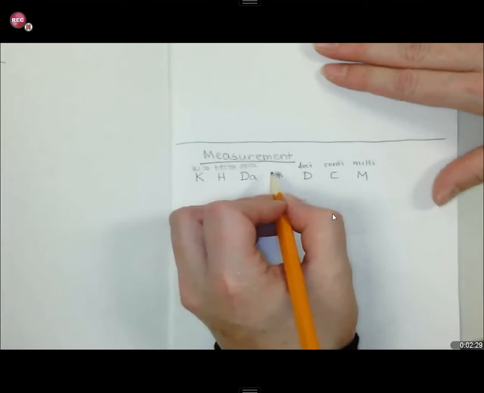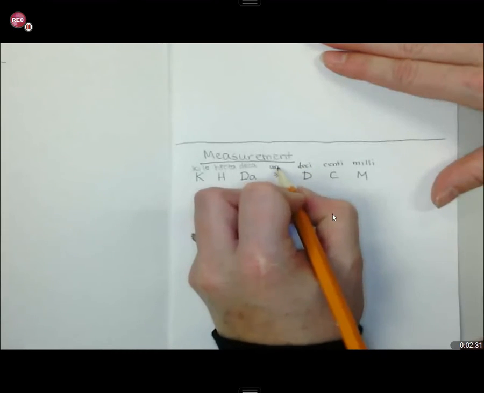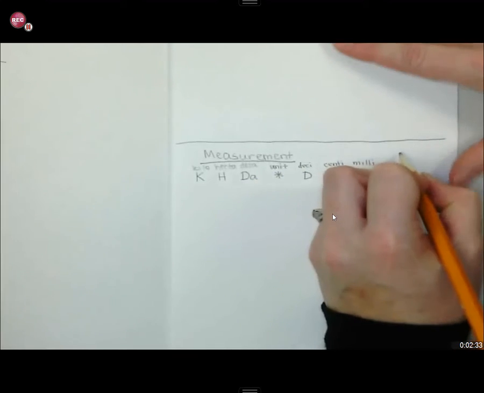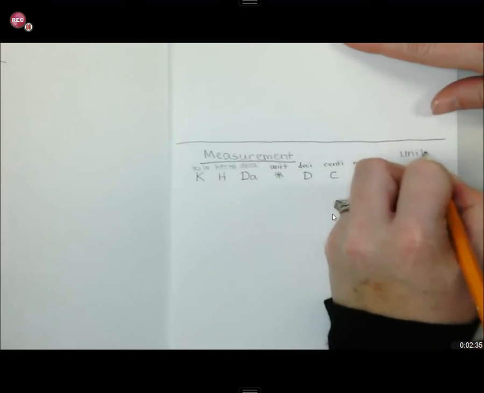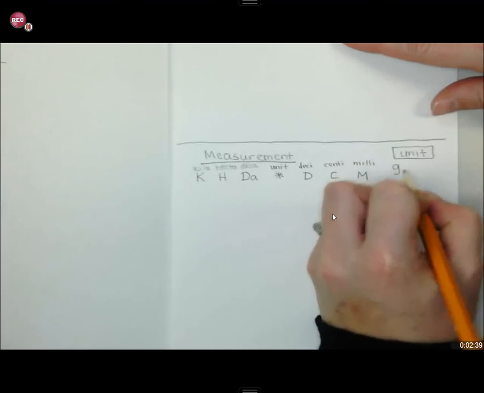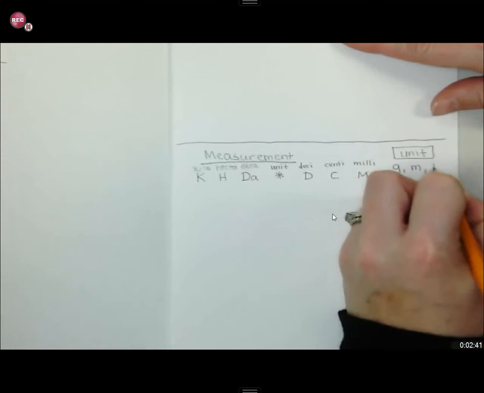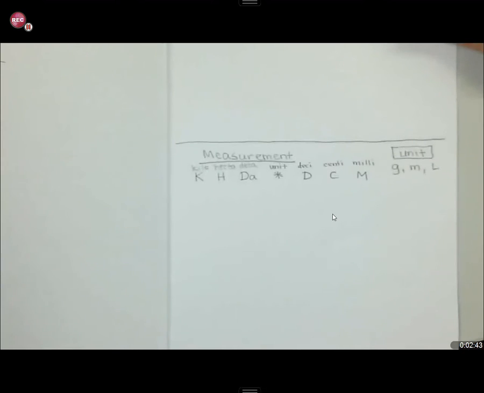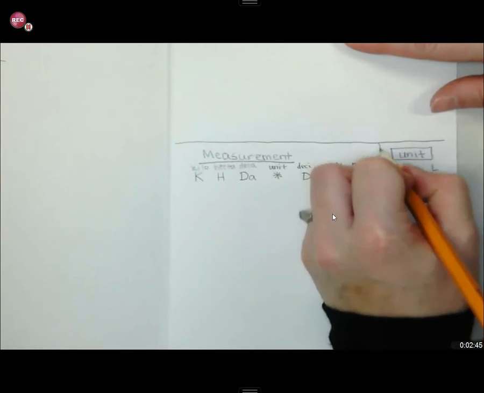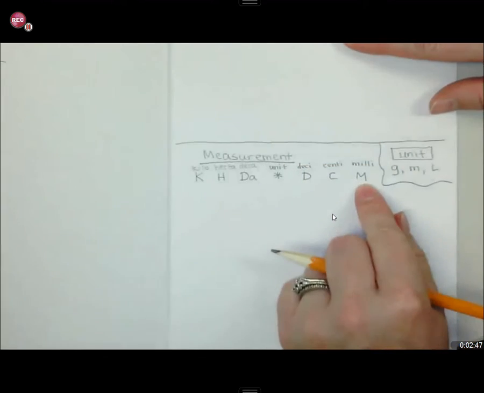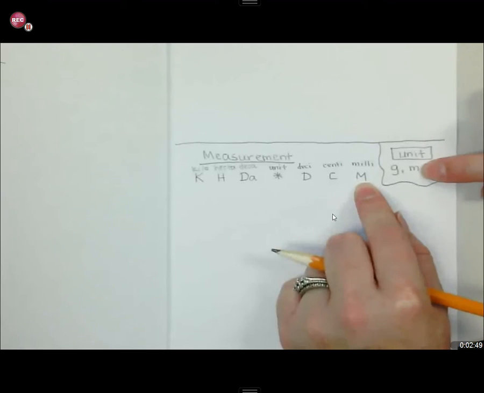And in the middle, this is our unit. Our unit can be grams, meters, or liters. Okay, so this can be our unit. So if it was mm, that would be millimeters.